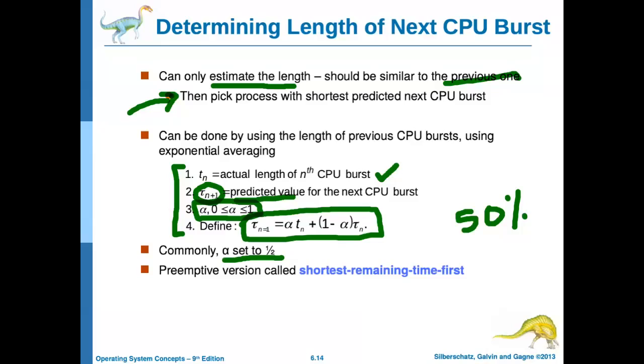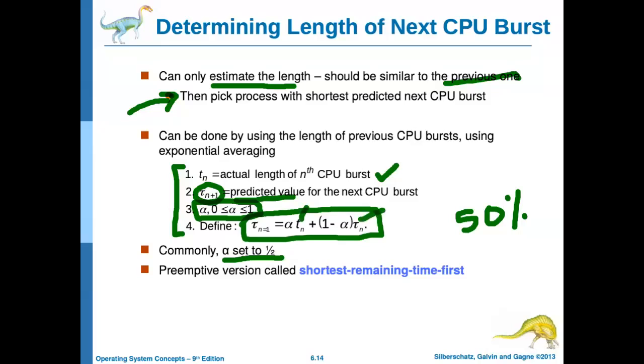Fine. So what we are doing is taking the exponential averaging like alpha Tn plus now 1 minus alpha tau n. If I take it as 50%, then 1 minus alpha is also 50%. Got it? So this is the actual one, this is the calculated one. Right? Predicted value and actual value.